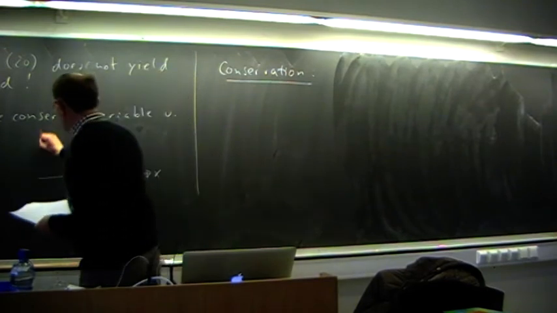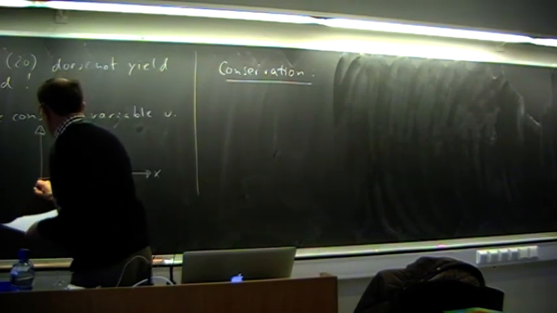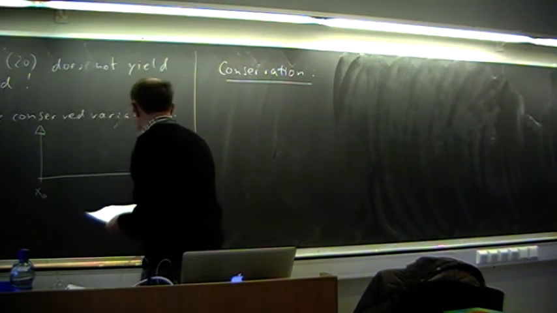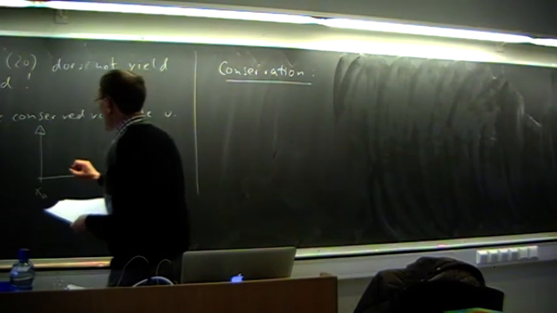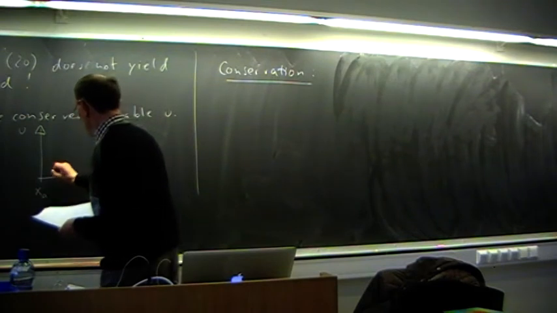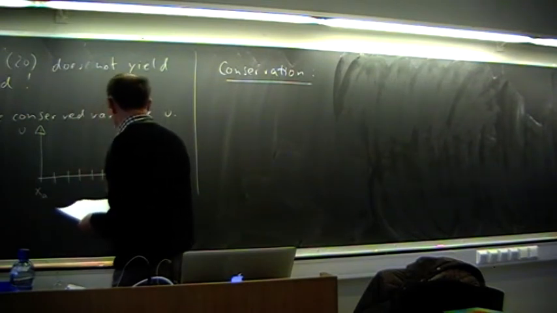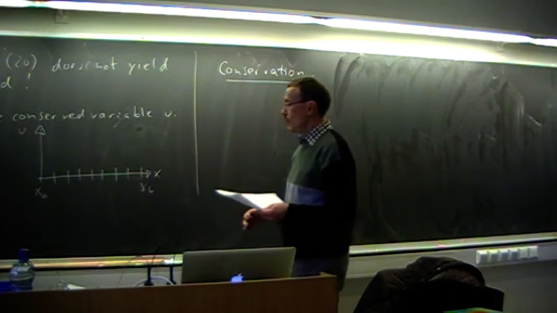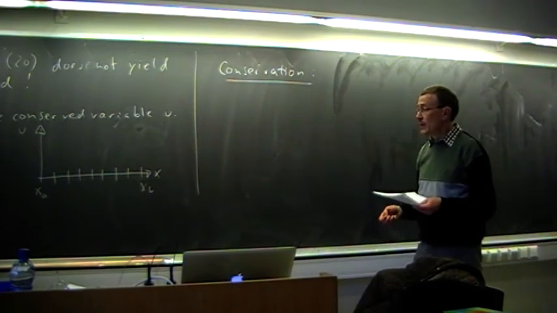x, and we have here our left boundary x_a, right boundary x_b. So here we have u. Then we will have a couple of grid points. Then we do the discretization on that.